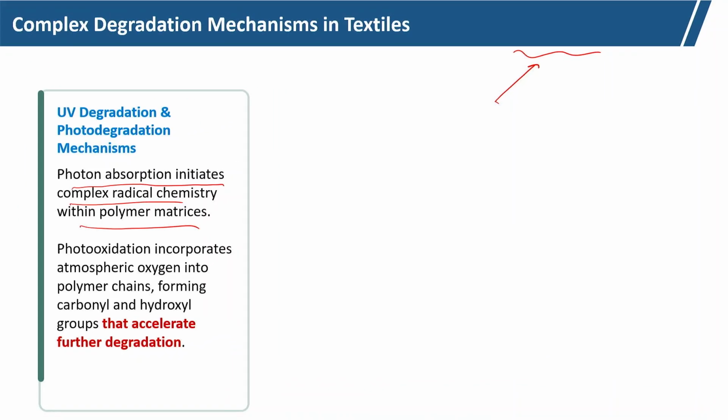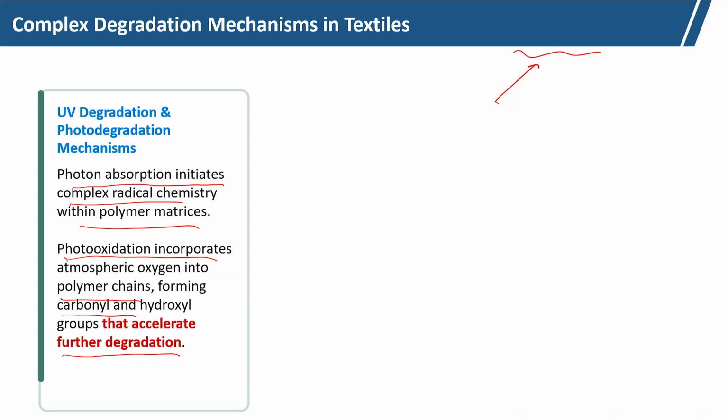When a UV photon is absorbed, it changes the chemistry, and photo oxidation incorporates atmospheric oxygen into the polymer chain, forming carbonyl and hydroxyl groups that accelerate further degradation.